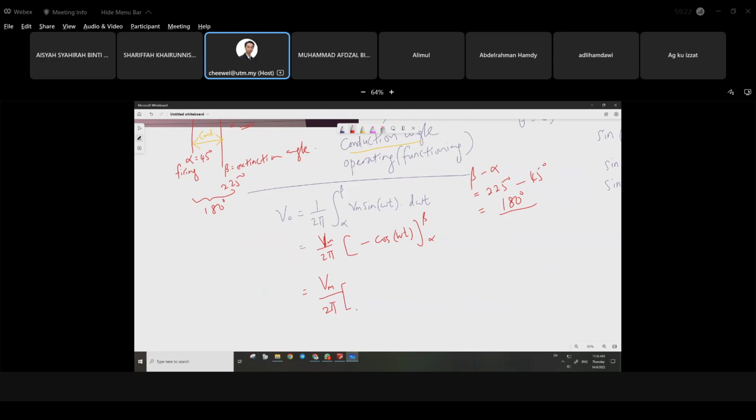Now, this one, I go from the upper limit beta to the lower limit alpha. So it's negative cos beta minus, this is a negative, so negative cos alpha. Can I simplify further?